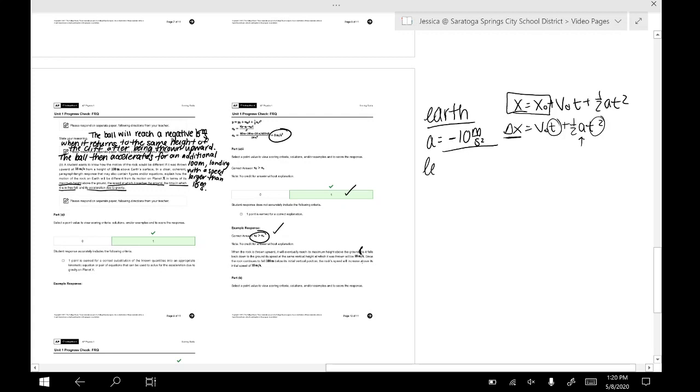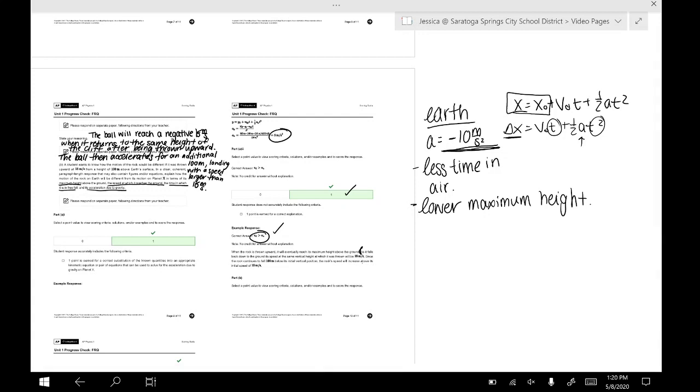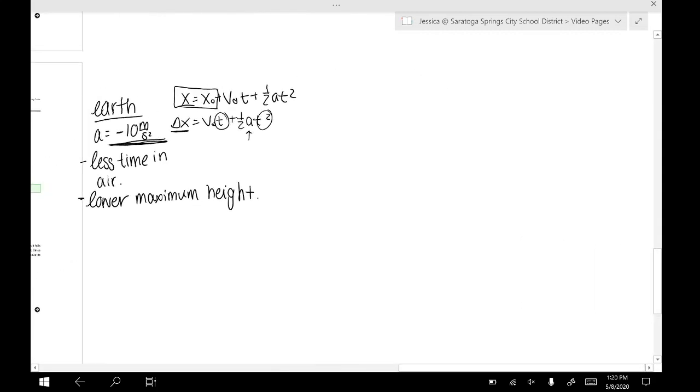So we're going to have less time in the air. Also, because we have this larger acceleration, we're going to reach a lower maximum height. But even though we are in the air for less time and reach a lower maximum height, that does not mean we are going to reach a smaller velocity before we hit the ground.